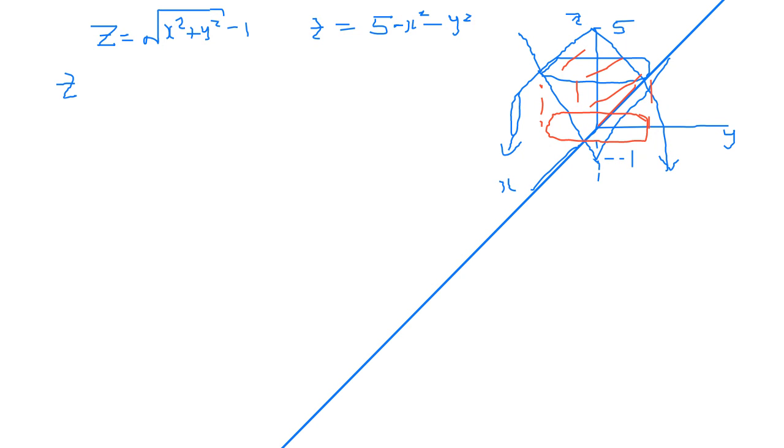Okay, let me. I'm going to start with this equation. Z is 5 minus x squared minus y squared.